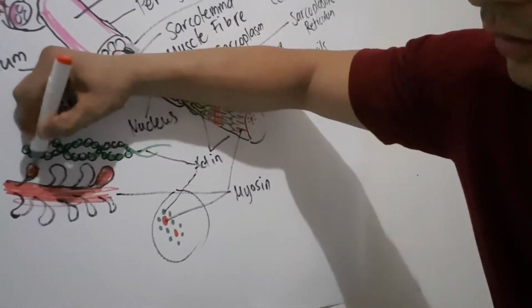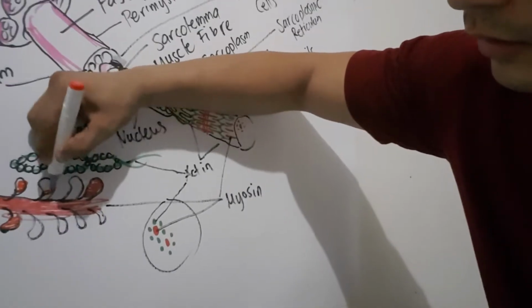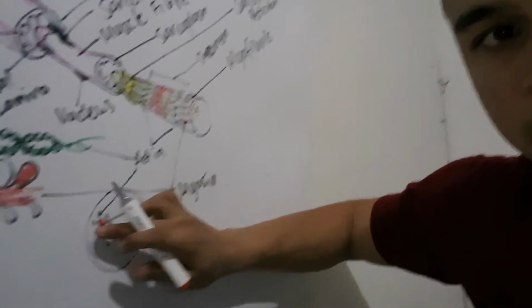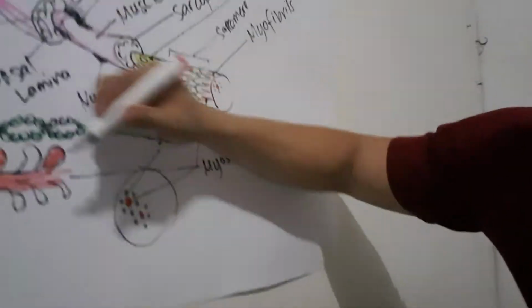This is the formation of the myofilaments: one myosin is surrounded by 6 actins.